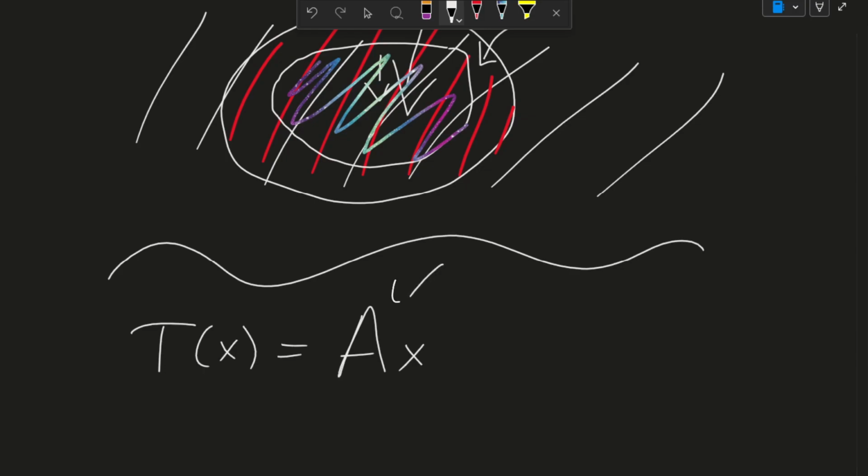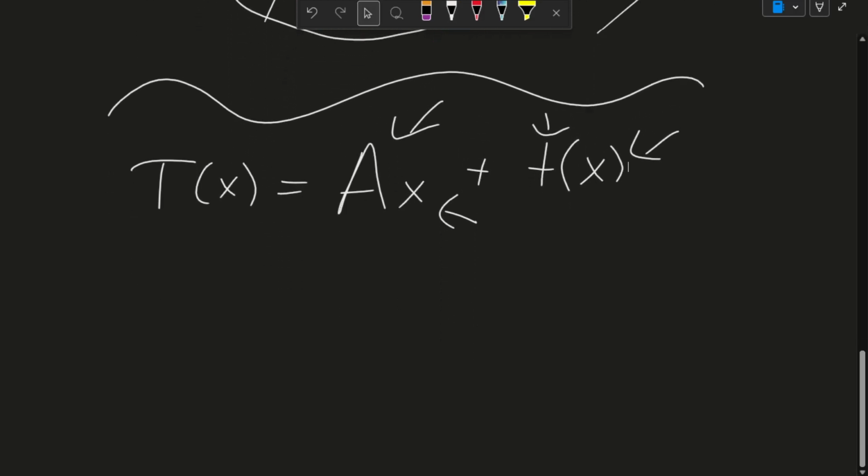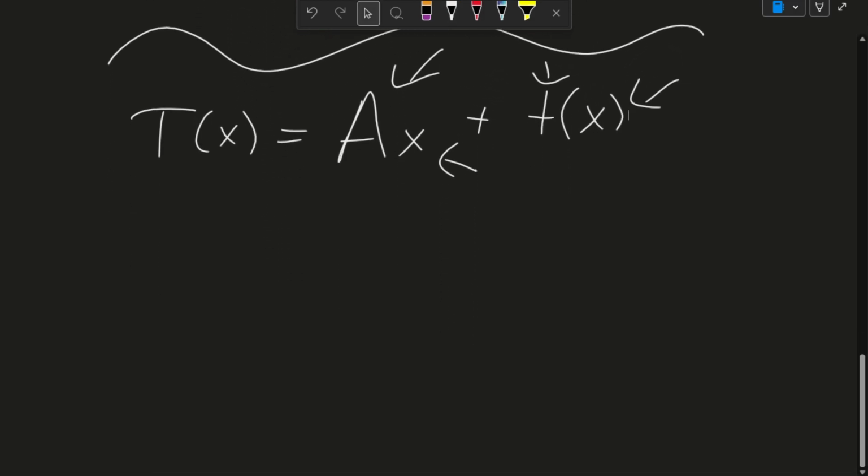Because every linear transformation is an affine transformation. And then it might have a part that's not linear. And I'm going to call this little t of x, right? So you have a linear part, and we have a nonlinear part. And we're going to try and figure out what we think this nonlinear part might be.